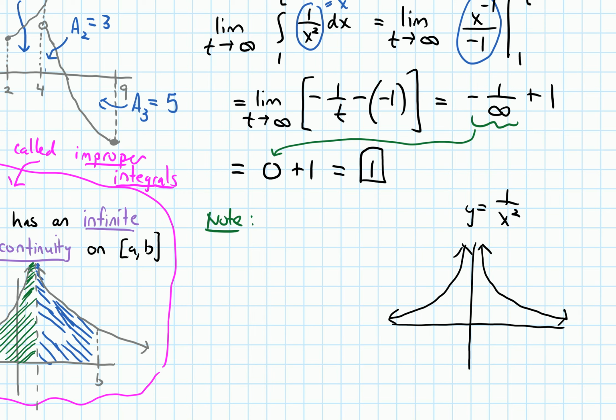And we were evaluating the integral starting at x equals 1, continuing to infinity. So that corresponds to this area. And this region is infinitely long. It goes on forever. But based off of what we just found, this area equals 1, which is pretty bizarre.